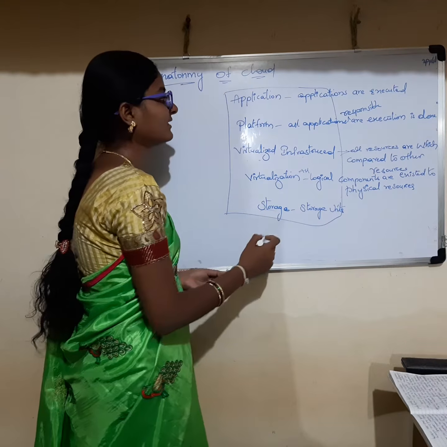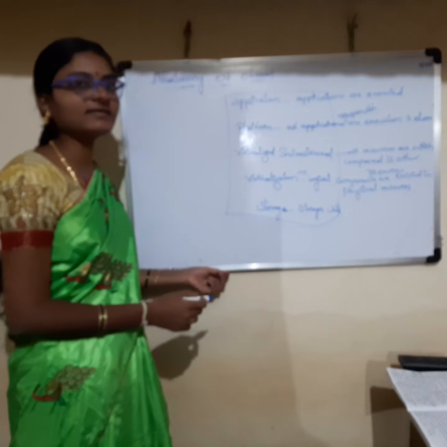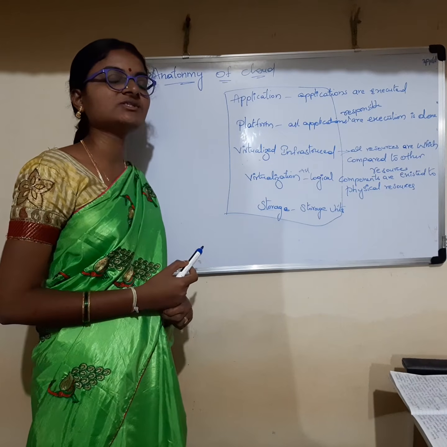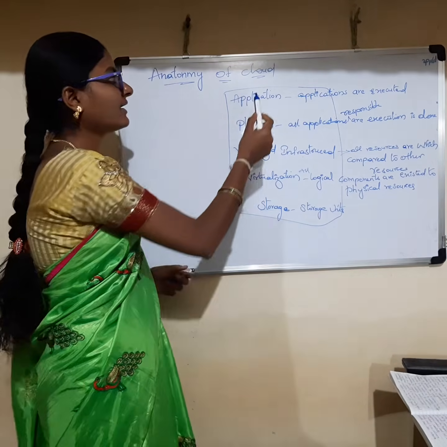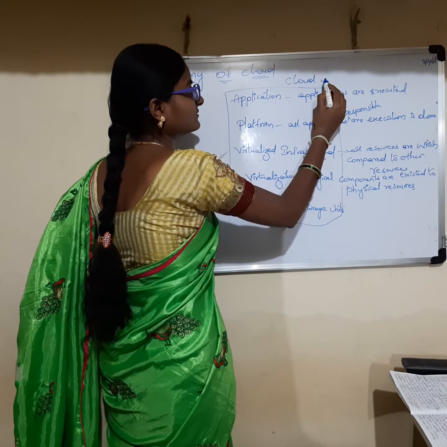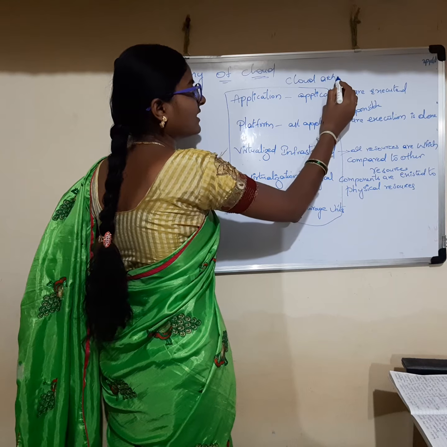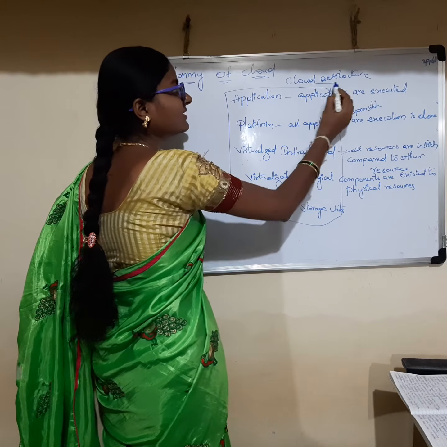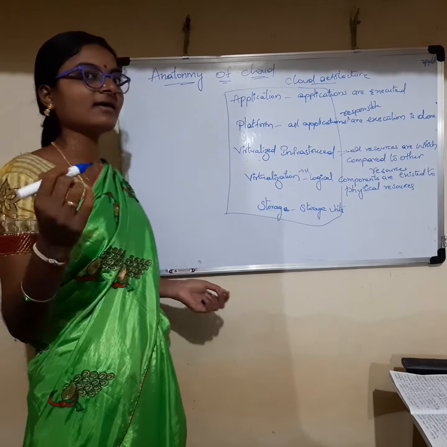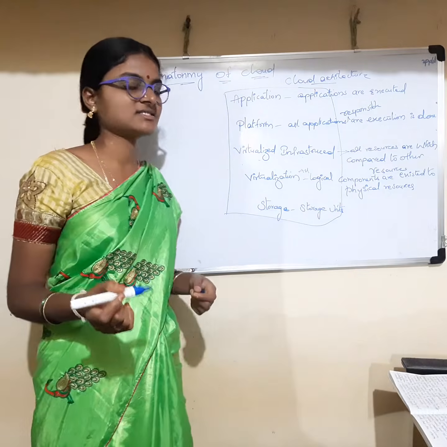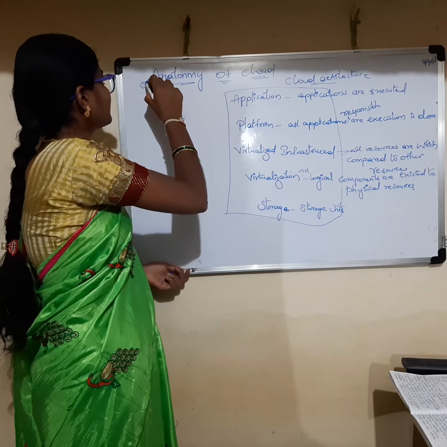Now these 1, 2, 3, 4, 5 are the five layers which are used in anatomy of cloud. Anatomy of cloud is nothing but cloud architecture. This is a very important question, students.